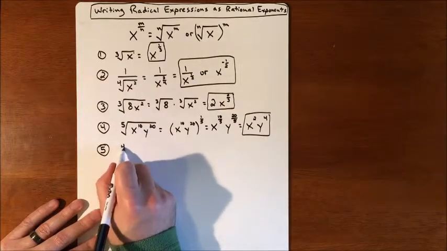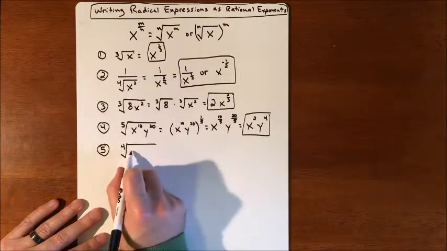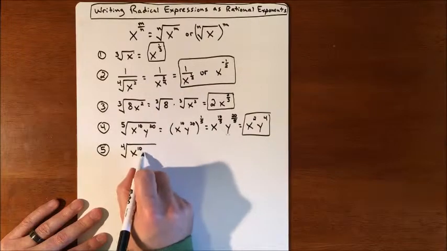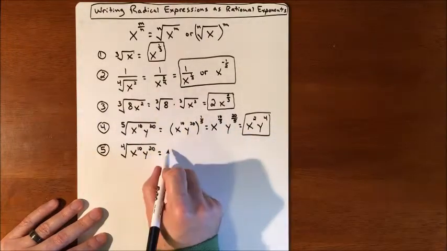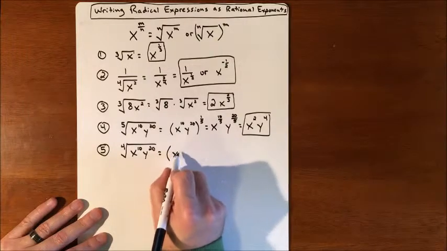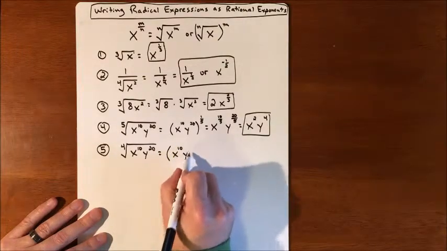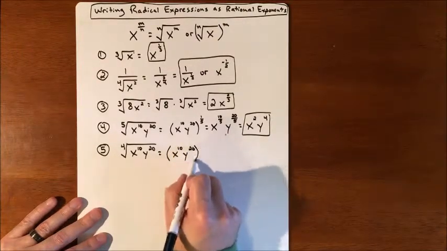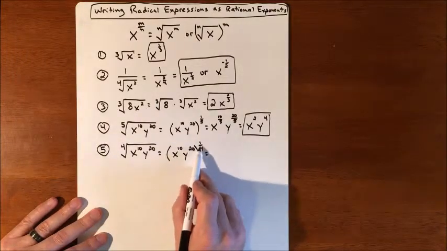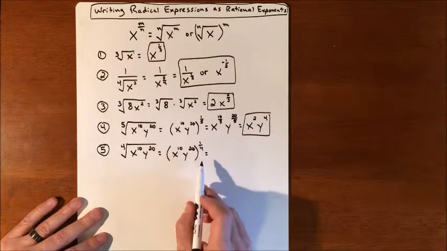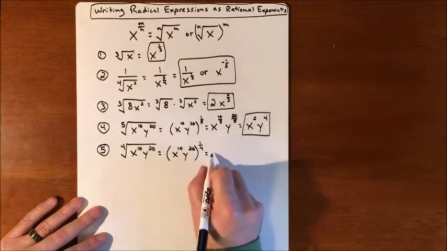So what if you take the exact same problem, but it's going to be the 4th root? Same thing. So start off with x to the 10th, y to the 20th, to the 1/4 power. So powers to powers, same thing. We're going to apply that 1/4 power to each of them.